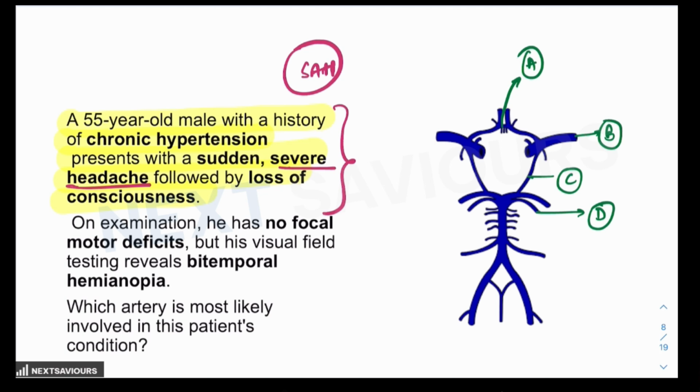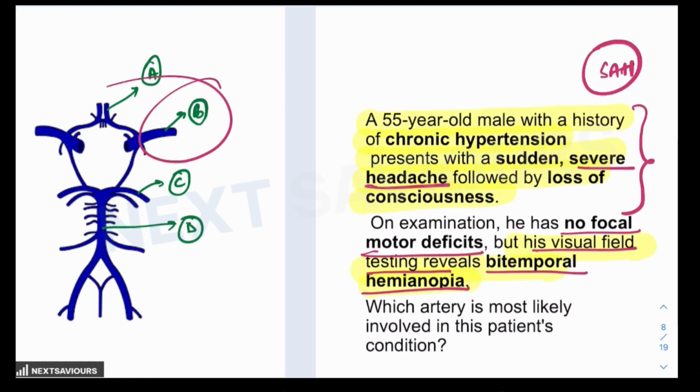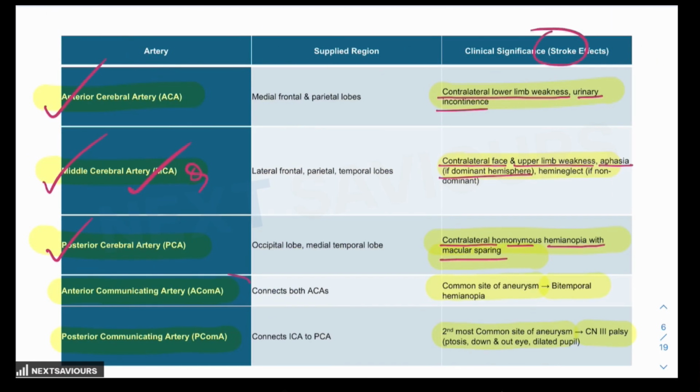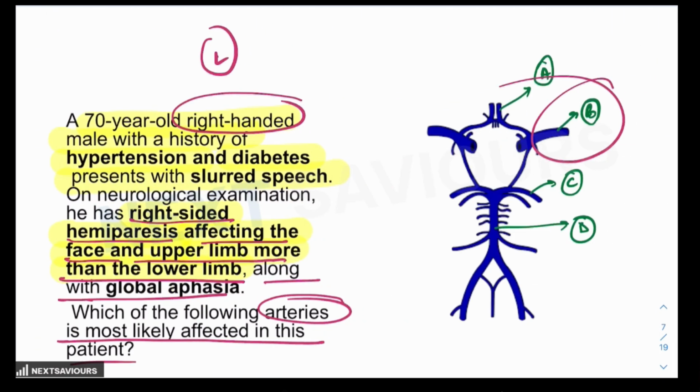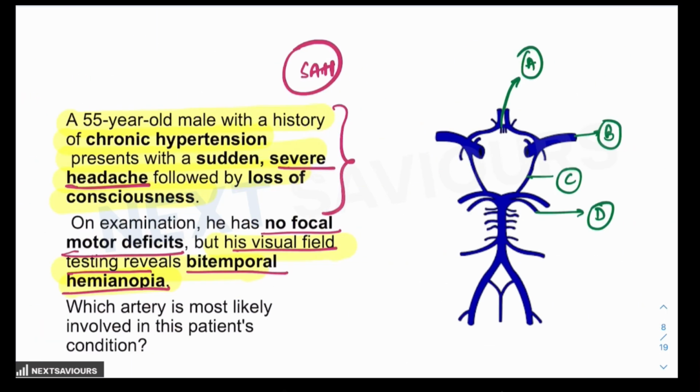On examination, he has no focal motor deficit, but his visual field testing reveals bitemporal hemianopia, and this confirms your answer that the patient is suffering from a lesion of the anterior communicating artery in the circle of Willis. If they give you a diagram and ask about the highlighted structure, you have to mark A as the answer for this particular one.